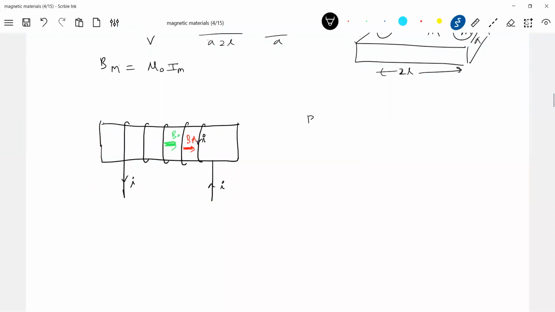The total magnetic field, the net magnetic field, B is equal to B naught plus Bm. What is B naught? B naught is given by mu naught H. What is the induced magnetic field Bm? It is given by mu naught into I. B naught is the magnetizing field, and B is the net magnetic field. So this will become mu naught (H plus I).